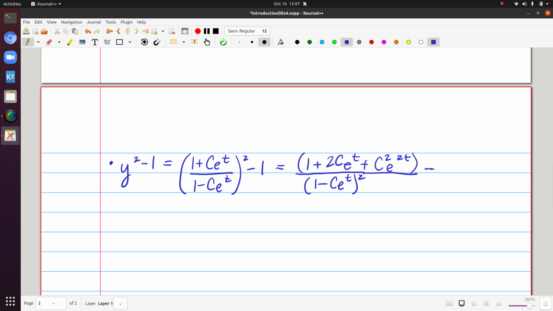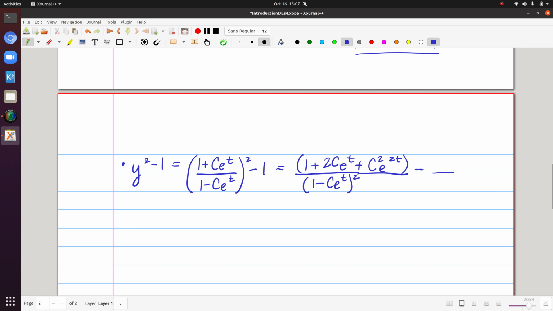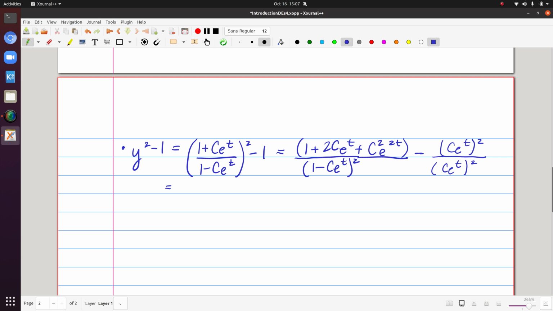But notice that one way to write 1, if I want to get a common denominator here, is to write it as this. So now I have the common denominator of 1 minus c e to the t, all squared, and I have 1 plus 2c e to the t plus c squared e to the 2t minus the, let me fix my actual common denominator.